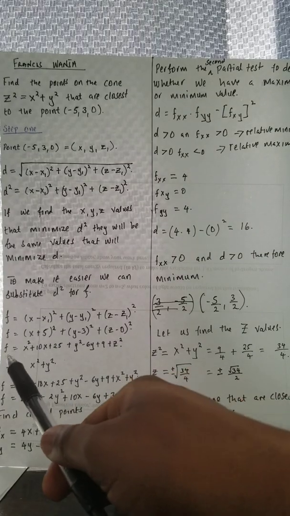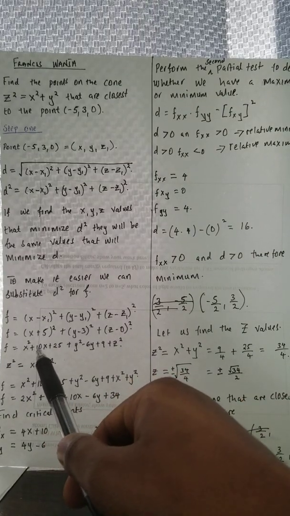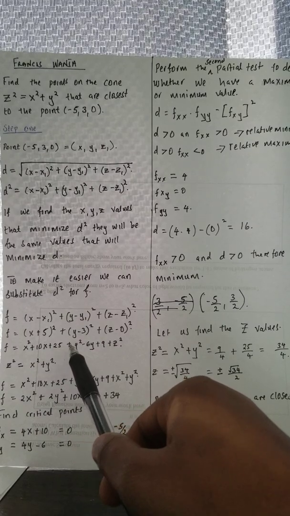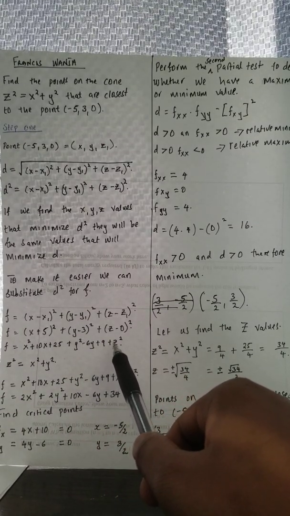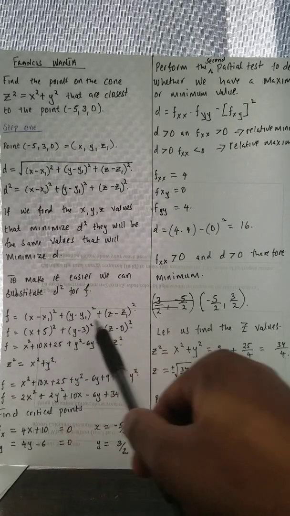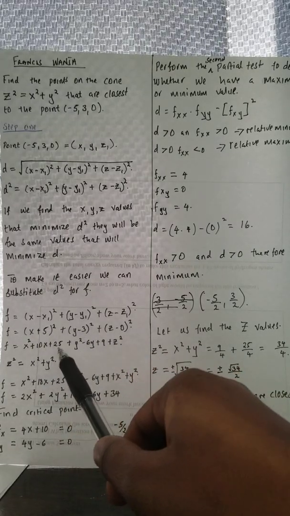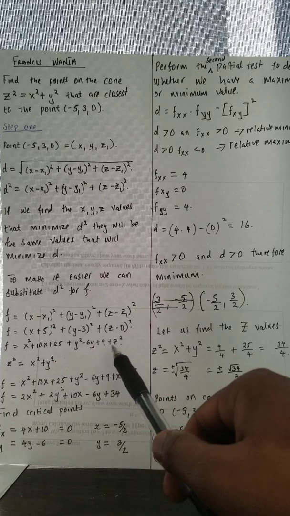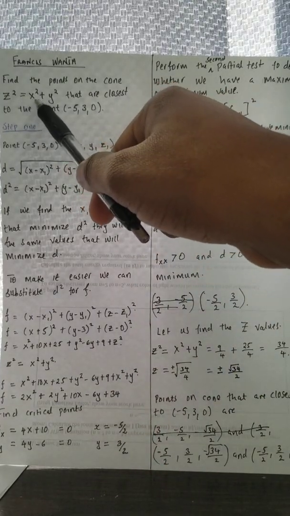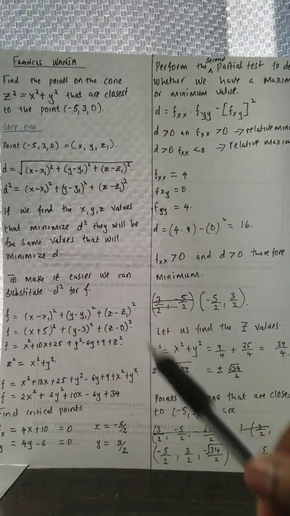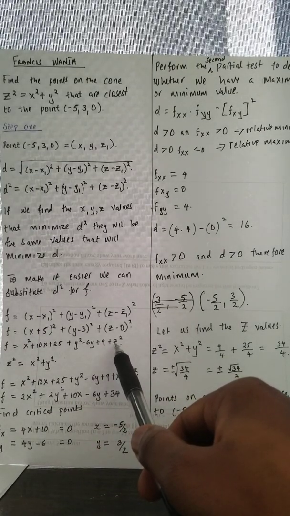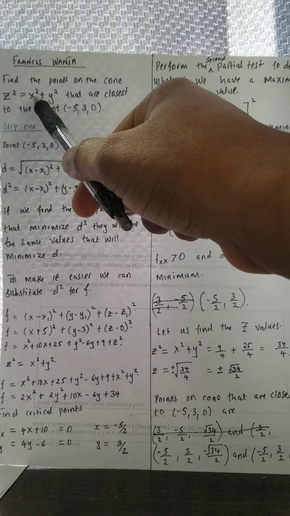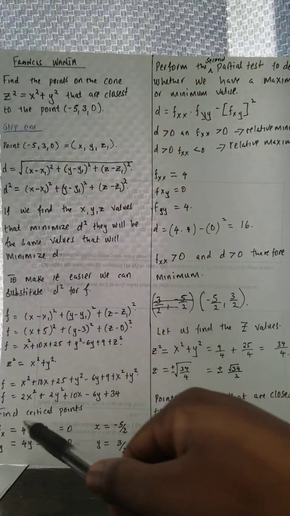Expanded, the function equals x squared plus 10x plus 25 plus y squared minus 6y plus 9 plus z squared. Now remember, z squared is x squared plus y squared, so we substitute z squared with x squared plus y squared.